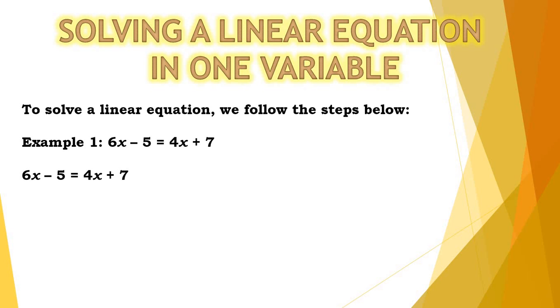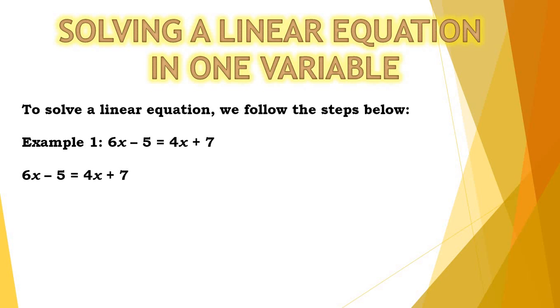Terms are separated by plus sign or minus sign. They are not separated by division or multiplication sign. So 4x will be transferred to LHS, that is left hand side, and 5 will be transferred to RHS, that is right hand side. Now how will they be transferred? When we transfer any term across the equal to sign, its sign changes, and this process is known as transposition.